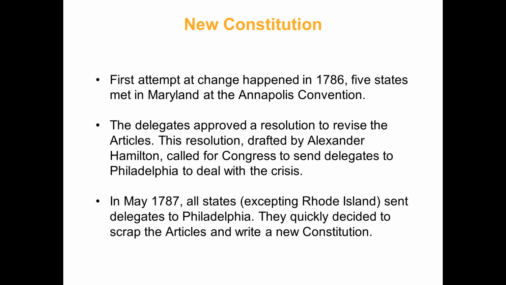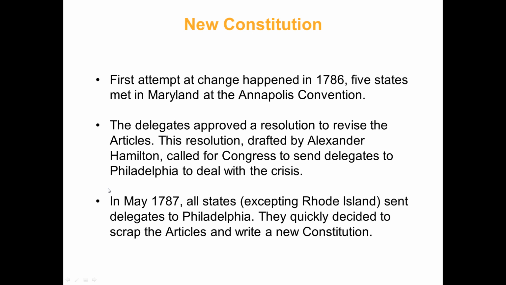Several states meet in Annapolis, Maryland, and the ultimate outcome of this convention is that they agreed to hold a larger convention the next year to discuss how we're going to change the structure and powers of government to make these problems a little bit better, to allow us to do things like tax and spend on armies and navies, whatever we need to do. How are we going to change what's in place to do that?